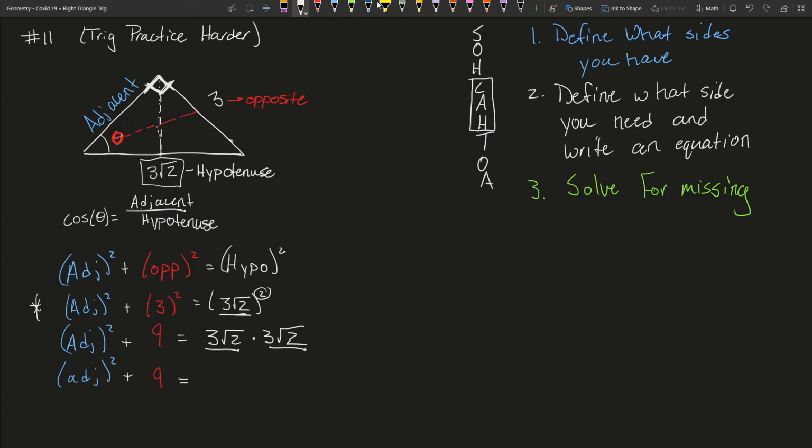In order to multiply those two things together, we multiply the numbers on the outside of the square root, the 3's. 3 times 3 is 9. Then we multiply rad 2 by rad 2, which is really rad 4, and the square root of 4 is just 2. So this entire thing becomes 9 times 2.